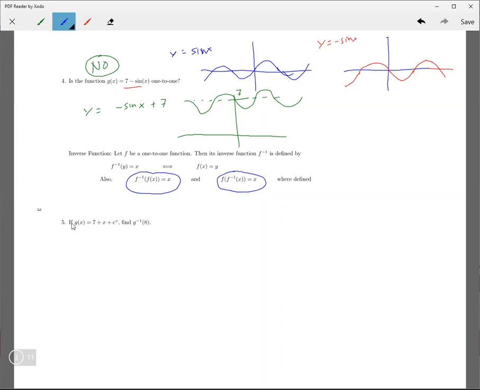Let's take a look at number 5. Here, they just want you to find the inverse of 8. You don't have to find the overall inverse function, which would be really hard to calculate. But if you notice, if you plug in a 0, what do you get?